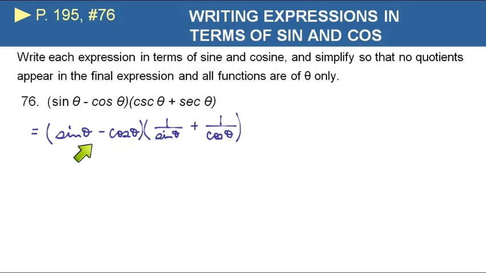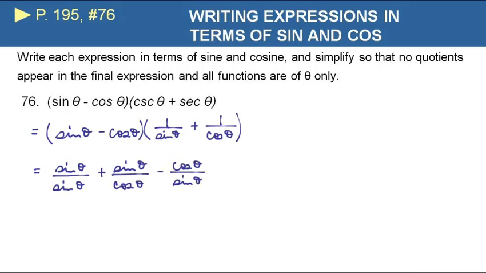So now let's use the FOIL method. Sine times 1 over sine will be sine over sine. Outer times outer will be sine over cosine. Inner times inner will be minus cosine over sine. And last times last will be minus cosine over cosine. So simplifying now, sine over sine becomes 1.